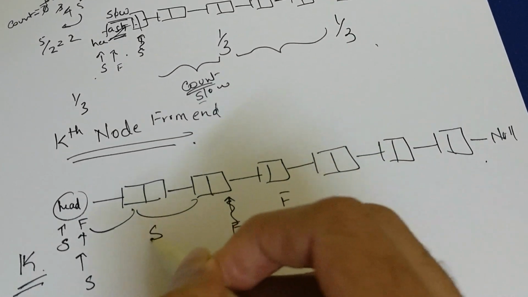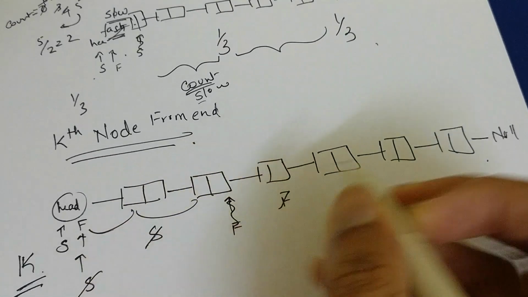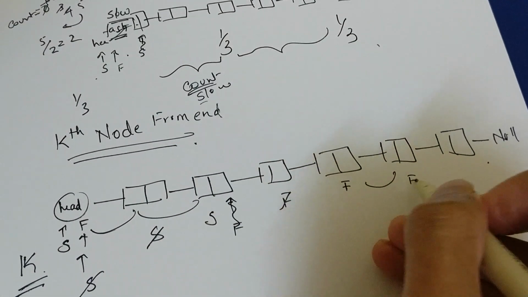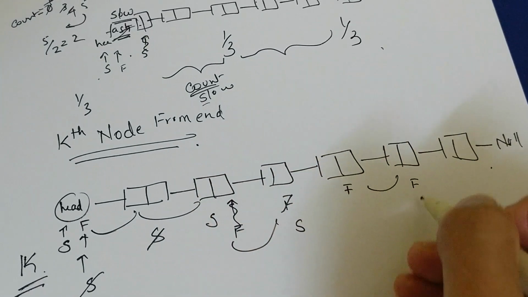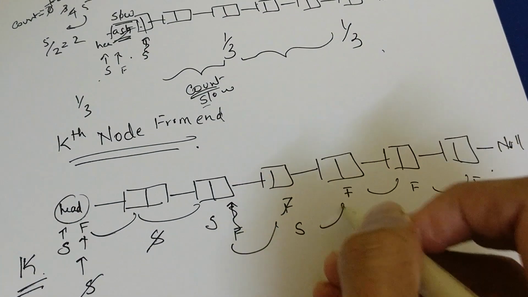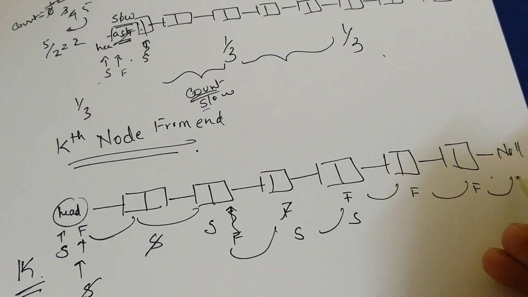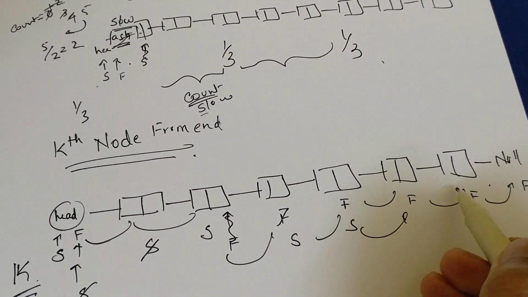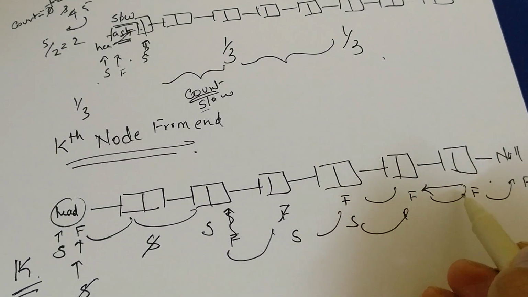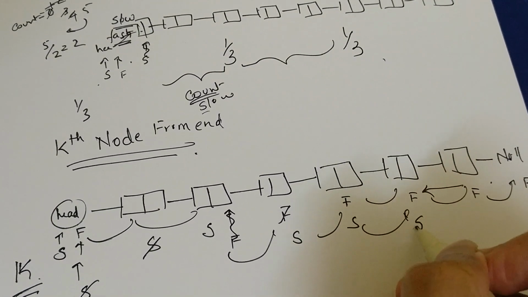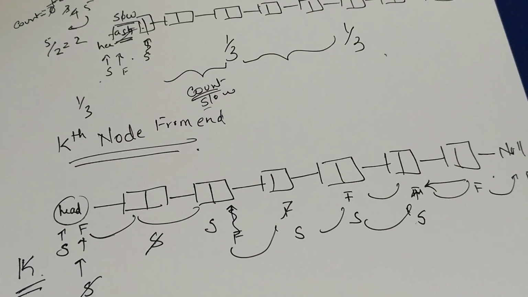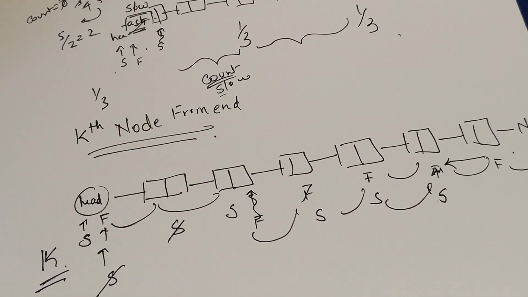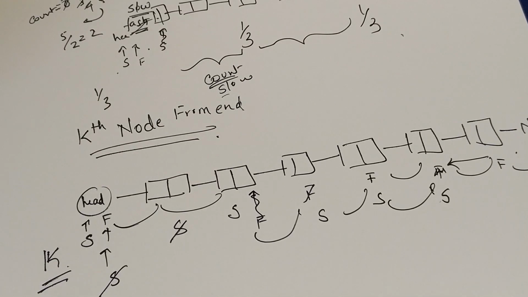Fast moves, slow moves, again and again, until fast goes to null, and slow will be here. So I got the kth node from the back, where slow is pointing. This is how you find the kth node from the end: you have a slow pointer and a fast pointer separated by k distance.